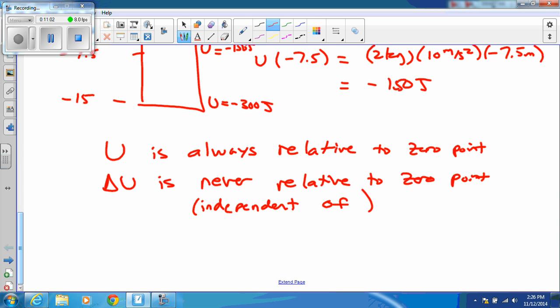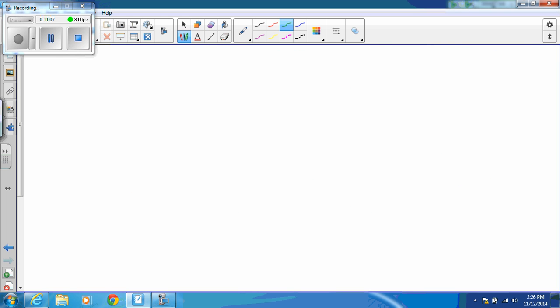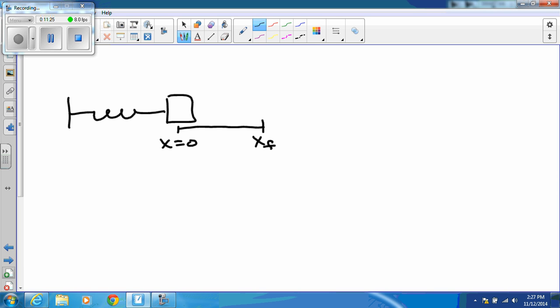Good so far? Let's change the force that we're working with and consider a spring force rather than gravity. If we consider a spring force, and we take the spring from x equals 0, and we take that all the way out to x final, then we know already that the work done in stretching that spring out is going to be 1/2 k times x final squared.